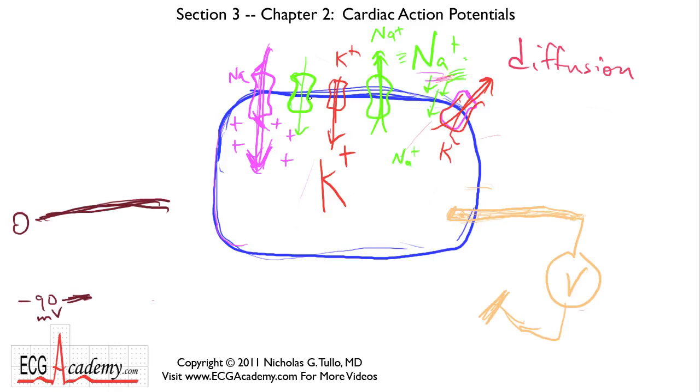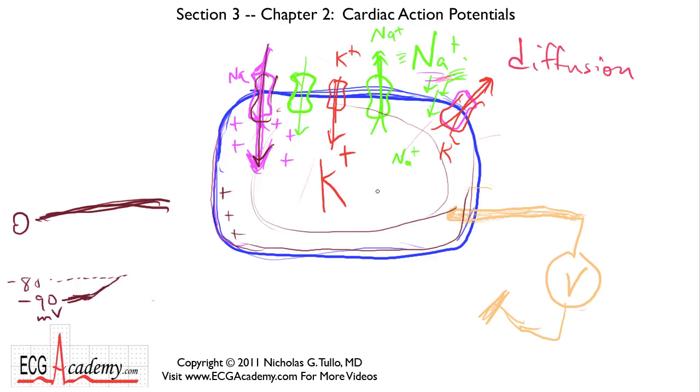Okay, so now what happens when the cell is ready to fire? What usually tips the cell to firing is that the cell on the inside becomes a little bit more positive. It reaches a certain threshold voltage, which may be minus 80, something like that for certain cells. Once it reaches that threshold, suddenly these sodium gates open, and sodium is able to rush into the cell, making the inside of the cell much more positive than it was before.